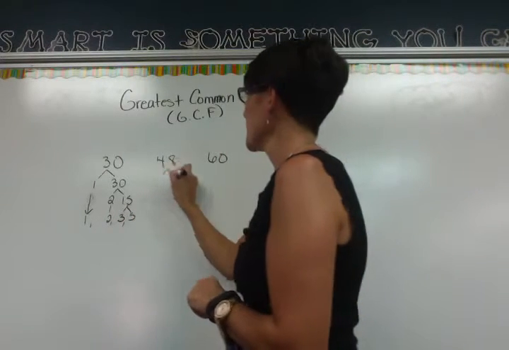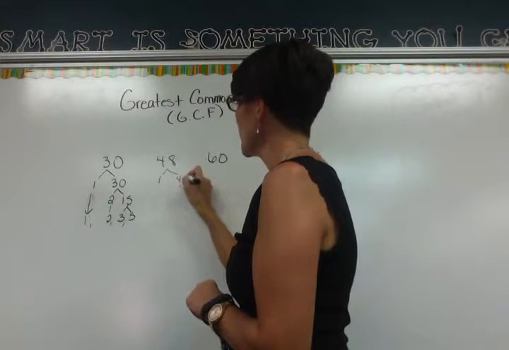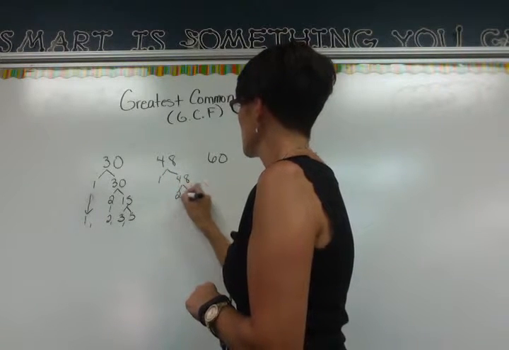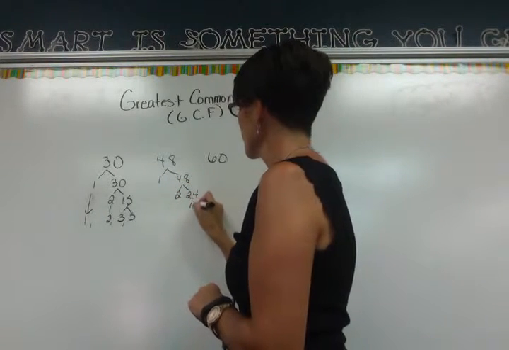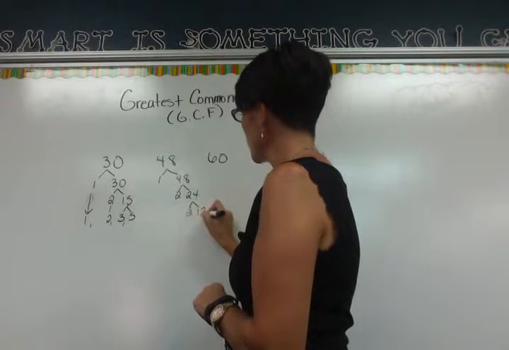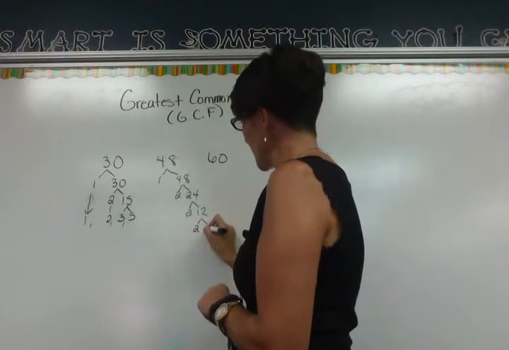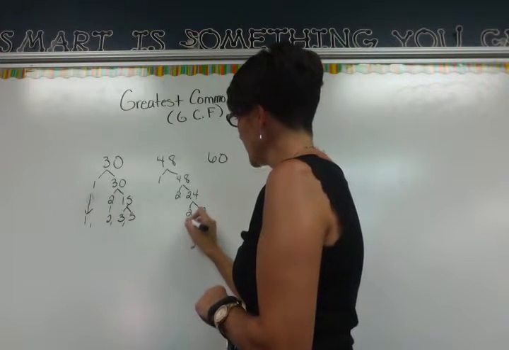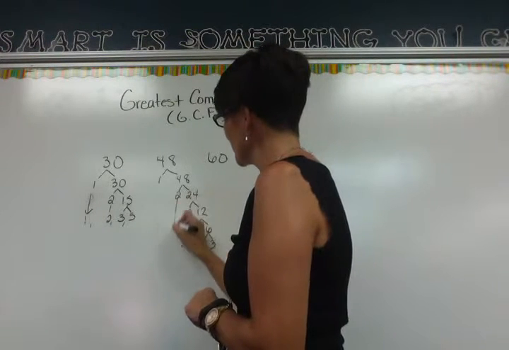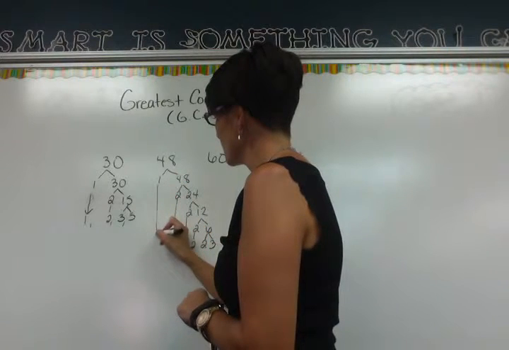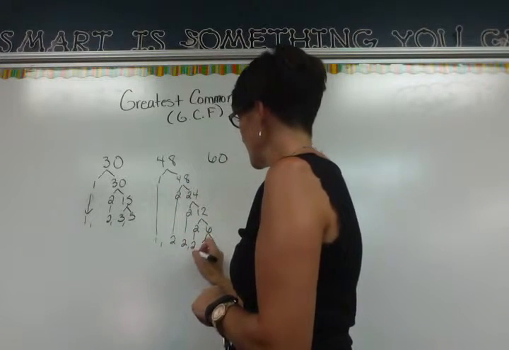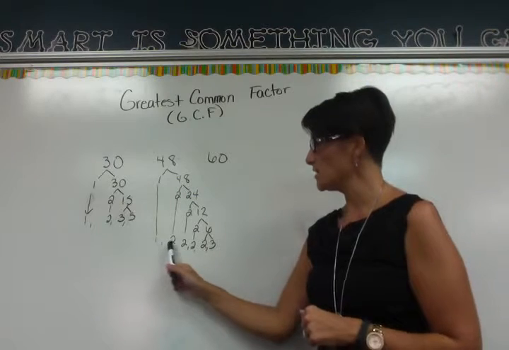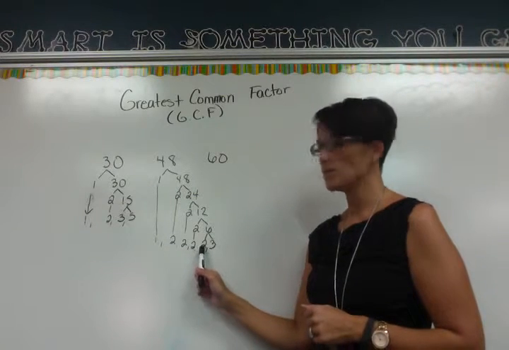Let's do 48. 1 and 48, 2 and 24, 2 and 12, 2 and 6, 2 and 3. And then I would bring down all of these numbers, making sure I don't forget about any of them. And I would say the factors of 48 are 1, 2, 2, 2, 2, and 3.